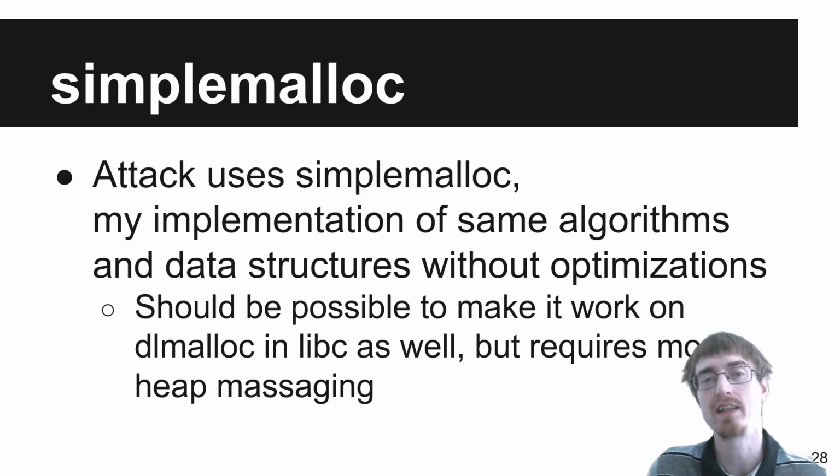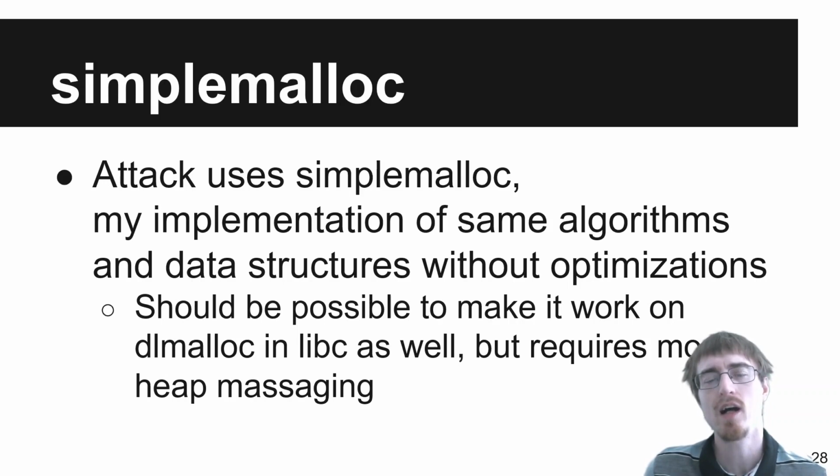dlmalloc currently, in its current versions, also contains extensive optimizations, which affect, for example, how free blocks are managed. Basically, the idea is to, as quickly as possible, find the right free block, also considering factors like TLBs, caches, and so on. So we want to make sure that we have temporal locality and so on.